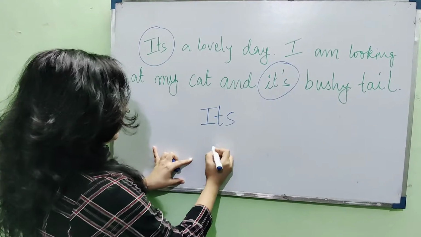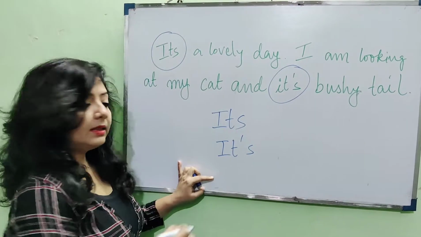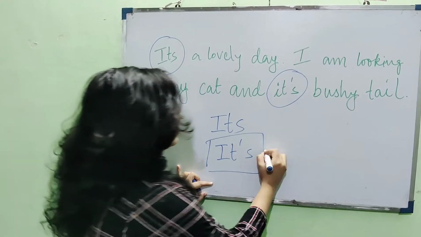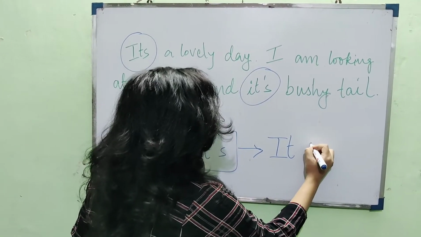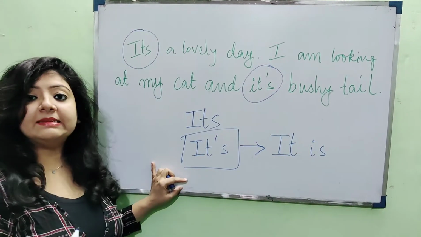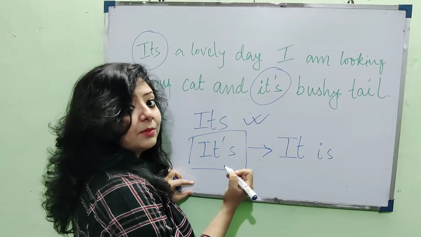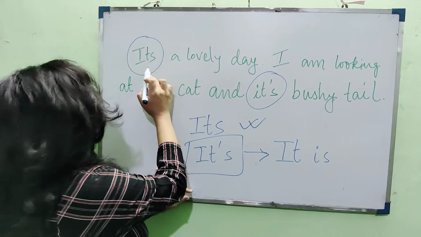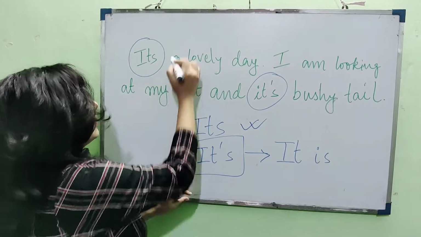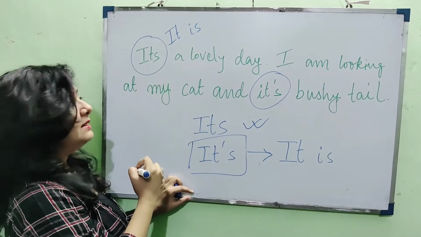If we look at this one, it's, let's first see this one. This is basically the contracted or the short form for it is. And when we are talking about its, we talk about possession, that it belongs. So it's a lovely day doesn't really go here. It should be it is a lovely day.